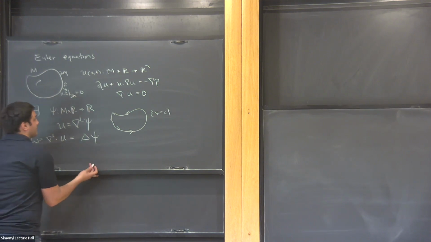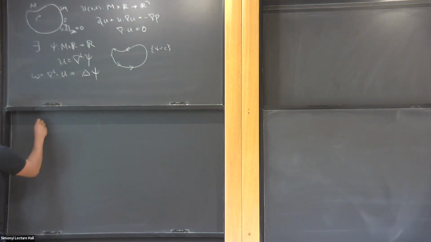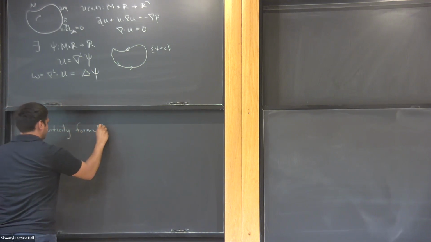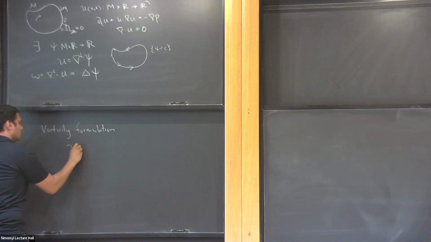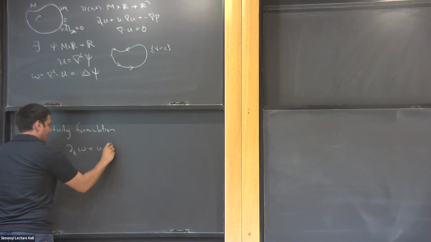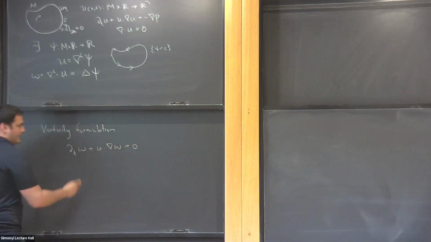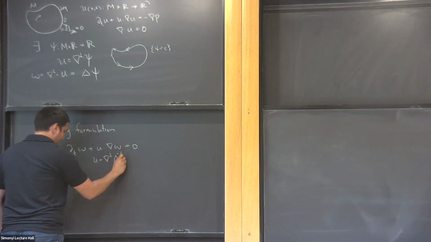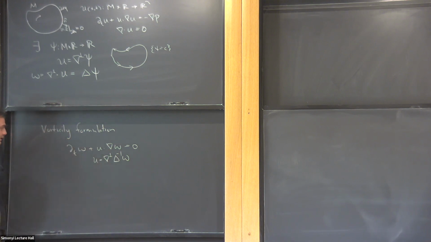So we can write a vorticity formulation, which is that the vorticity is transported as a scalar field, and the velocity is recovered from the vorticity by some non-local operation called the Biot-Savart law.